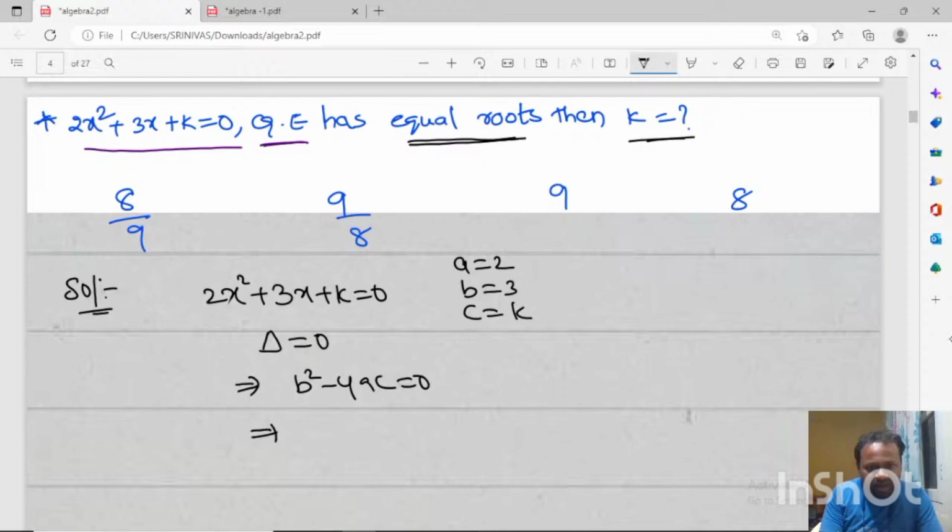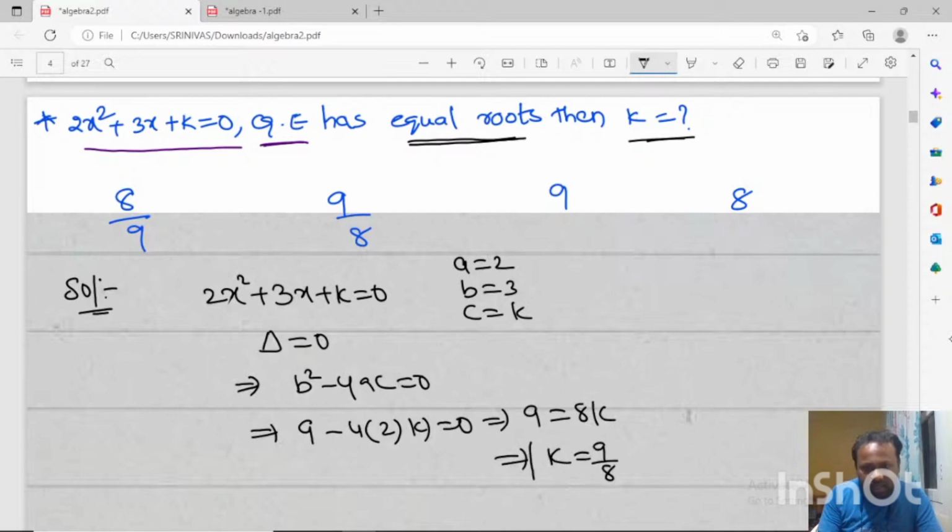So b square is nothing but 3 square. 9 minus 4 into 2 into k is equal to 0. That implies 9 is equal to 8k. The answer is k is equal to 9 upon 8. That is exactly the correct answer.